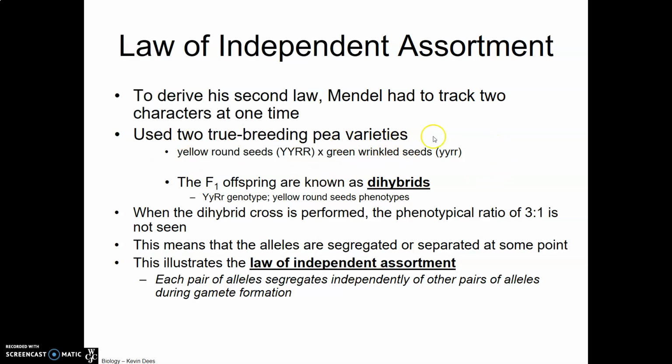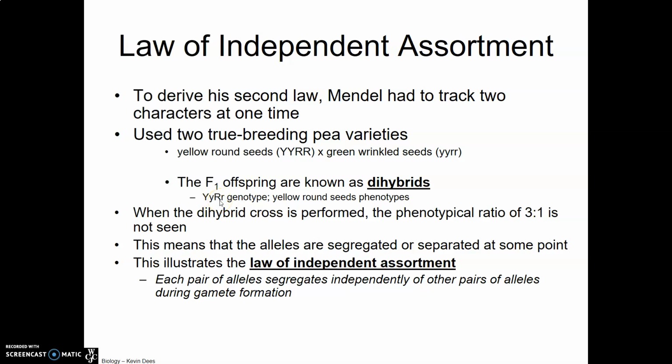Again, from looking at this notation, you can see that yellow and round are dominant, while green and wrinkled are recessive. The F1 offspring are known as dihybrids and would all have the heterozygous genotype for both alleles.